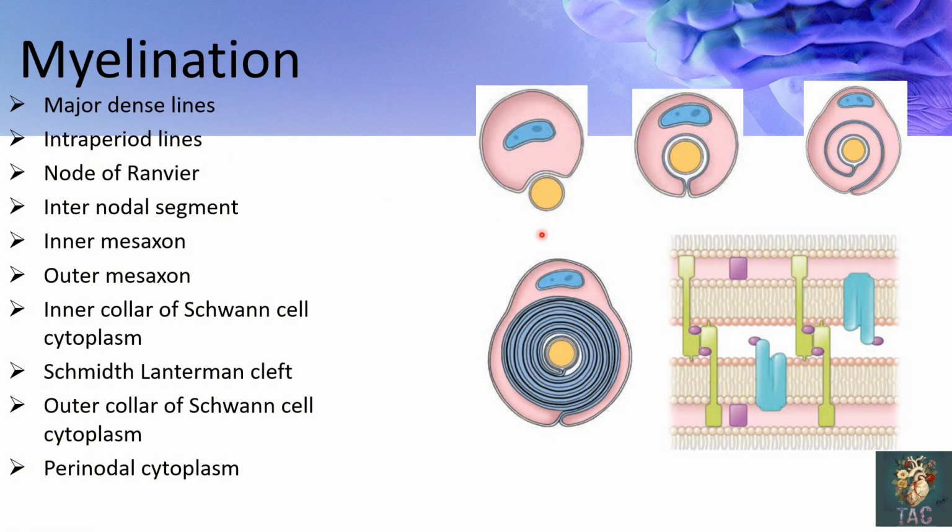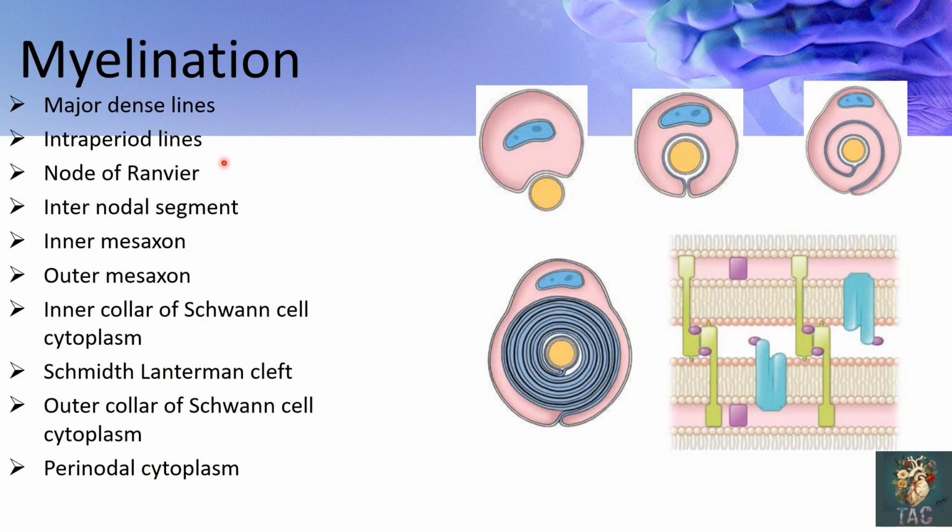So please remember, the major dense lines are formed when the inner leaflets fuse with each other and they are more electron dense. That's why they appear darker, they appear opaque. And when these two outer leaflets of the plasma membrane fuse with each other during the process of the wrapping, they produce less dense lines called the intraperiod line.